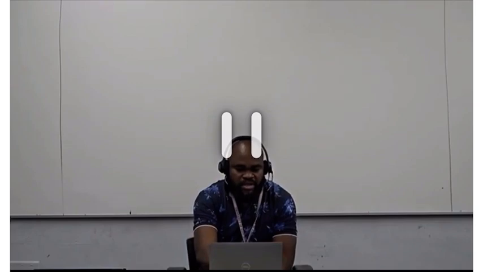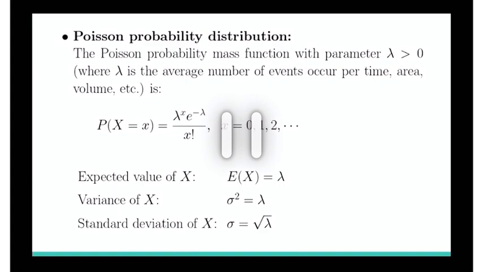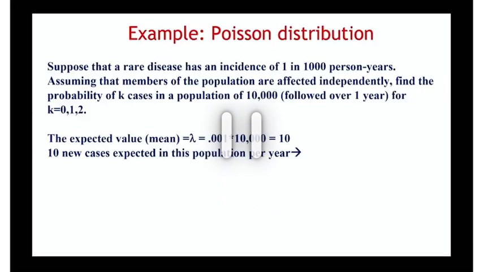So we have a formula for Poisson, which is what you are seeing right now. The probability mass function of Poisson is that. Then we can also derive the mean, the variance, and the standard deviation of this distribution as well. Now, I provided some examples on Poisson distribution here, the calculative examples.